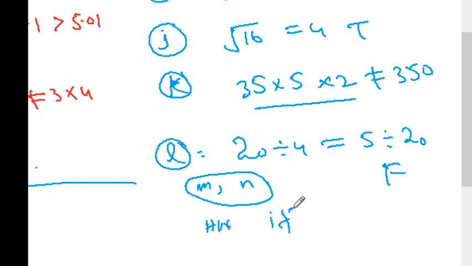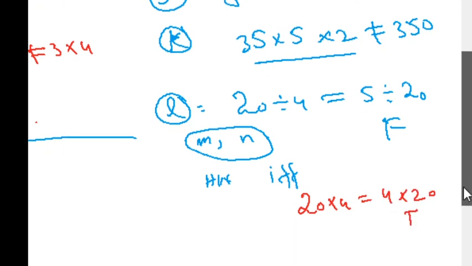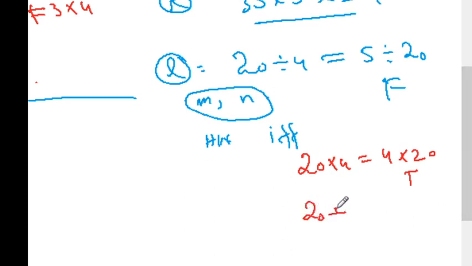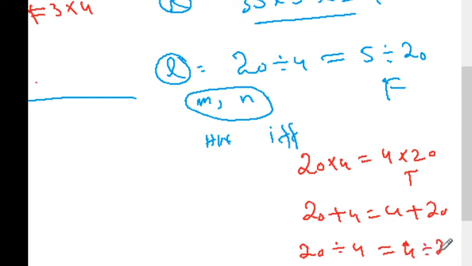If we have 20 into 4, it's equal to 4 into 20, it's true. If we have 20 plus 4, it's equal to 4 plus 20, but 20 divided by 4 is not equal to 4 divided by 20.